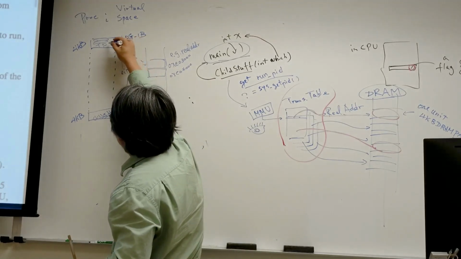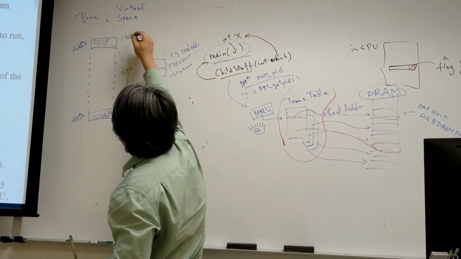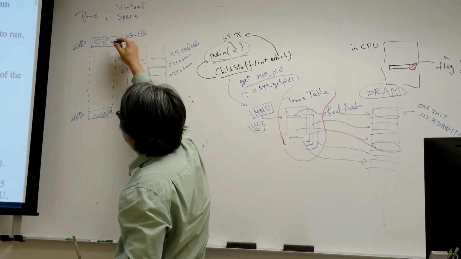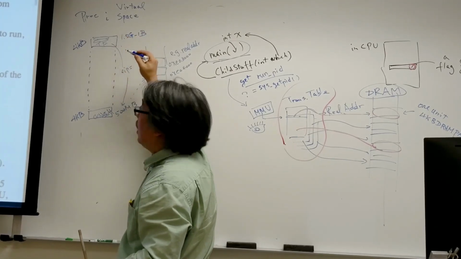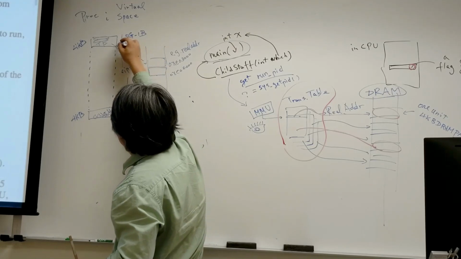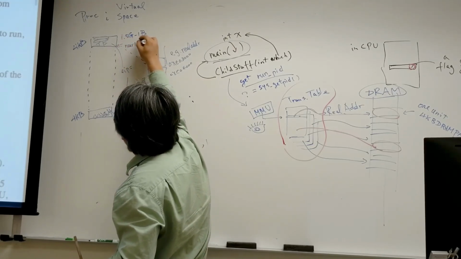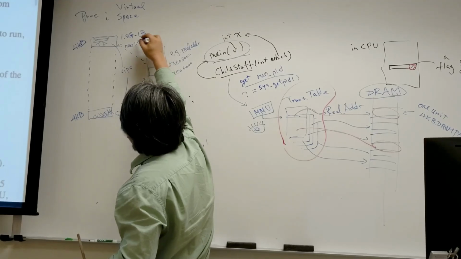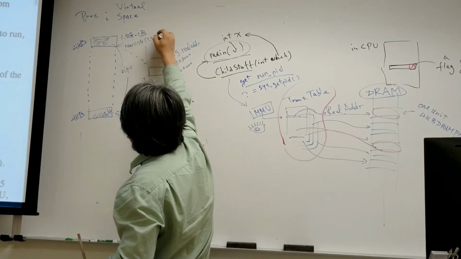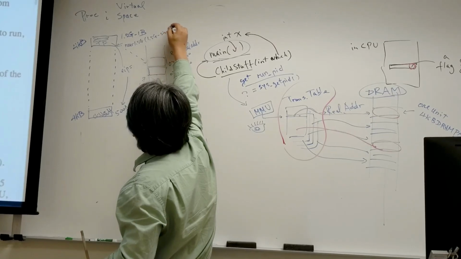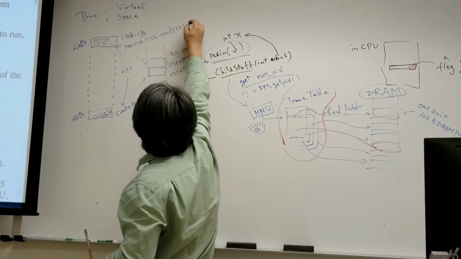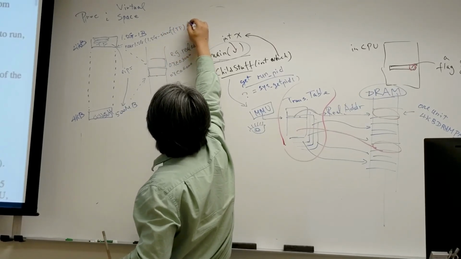And you know that this stack is going to be somewhere around 1.5 gig minus the size of the stack minus 2 integers. So that is going to be near almost 1.5 gig.